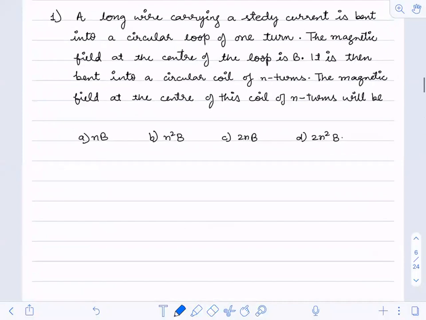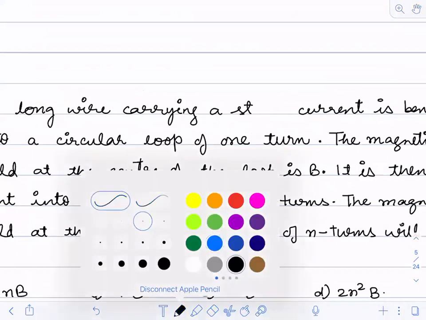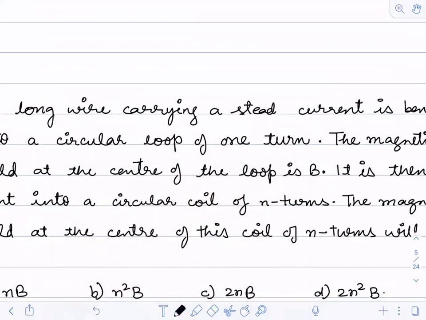Okay, so just see this question now. A long wire carrying a steady current. The spelling of steady is wrong, it is S-T-E-A-D-Y.